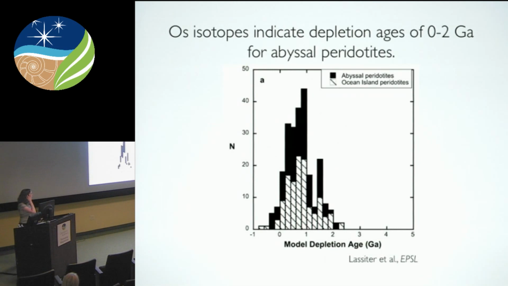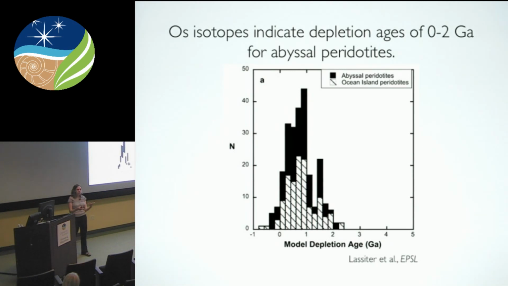In their paper, they use that to calculate a model depletion age. This is similar to what we saw in the previous plots, that things extend to 2 billion years or a little older. If you translate your osmium ages into depletion ages, you are getting very old ages.